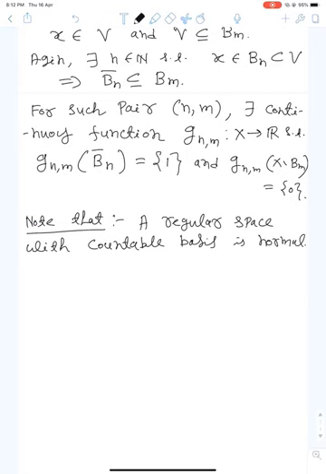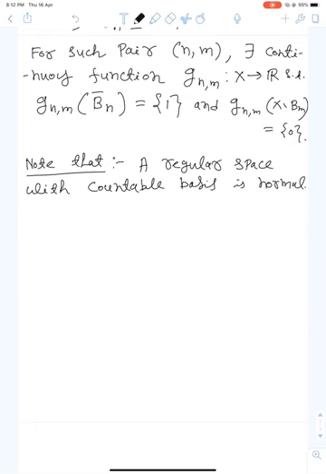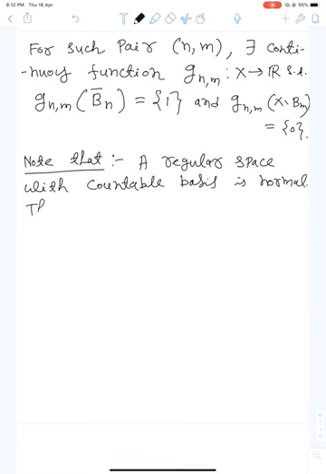We proved that, so we can use the Urysohn lemma.